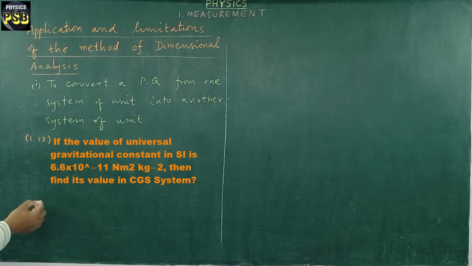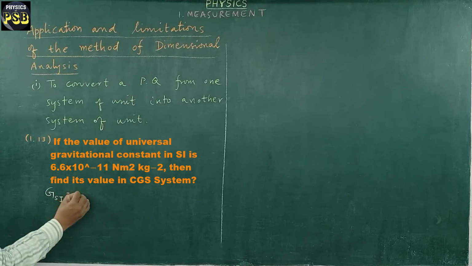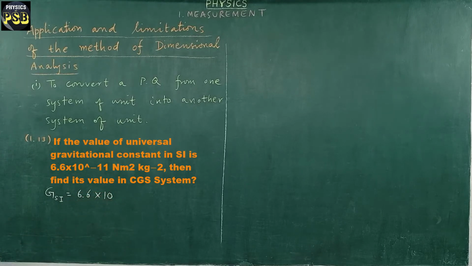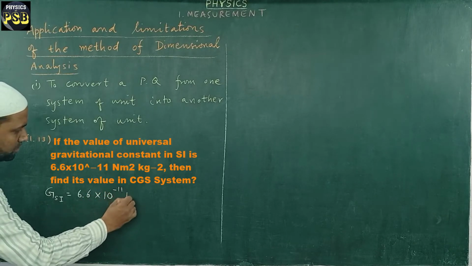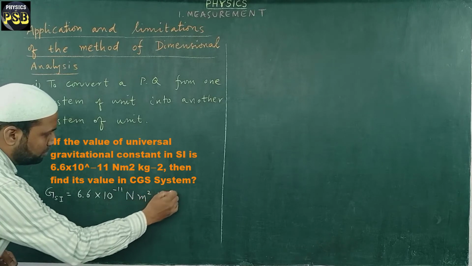Here, gravitational constant G in the SI system has its value equal to 6.6 into 10 power minus 11 Newton meter square per kilogram square.